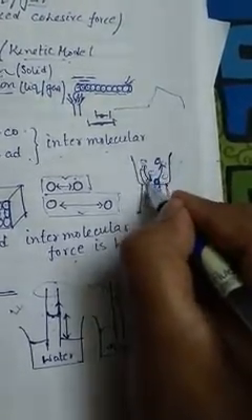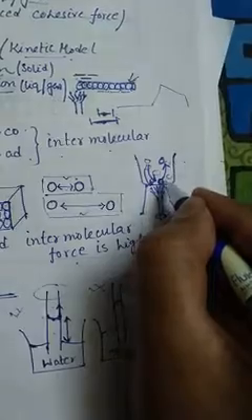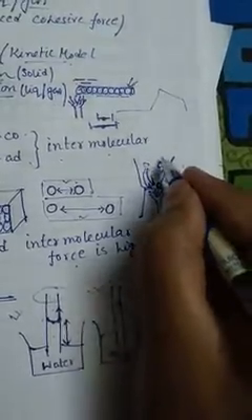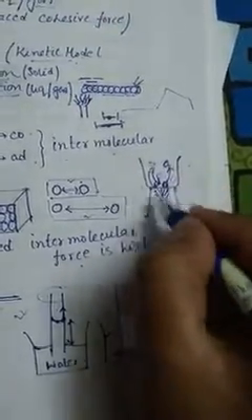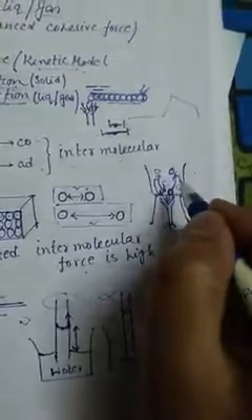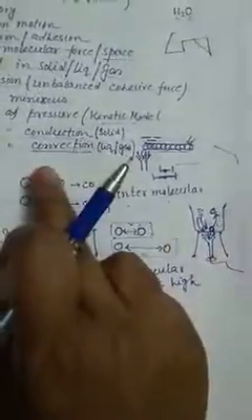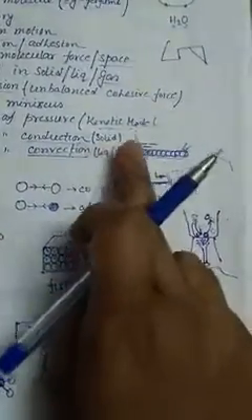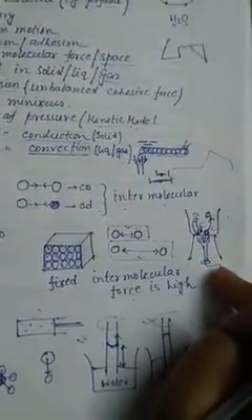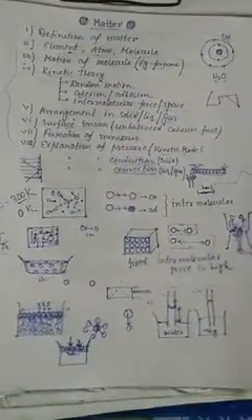So all the molecules will come down, get heated, and go upward. In that process, the water or the liquid will get heated. This process is known as convection. This is also from the kinetic theory, or the kinetic model. So this is the end of the first unit.